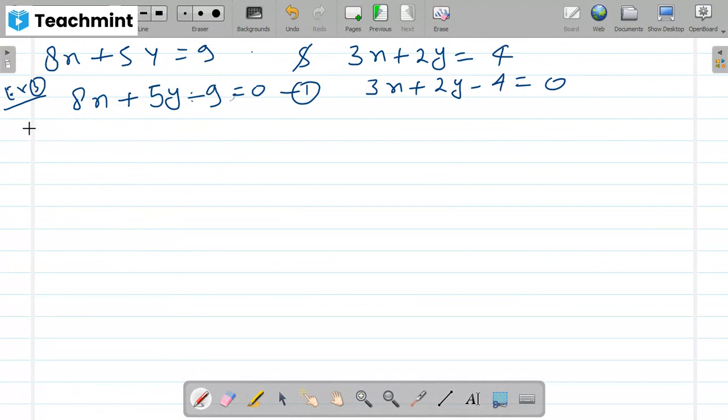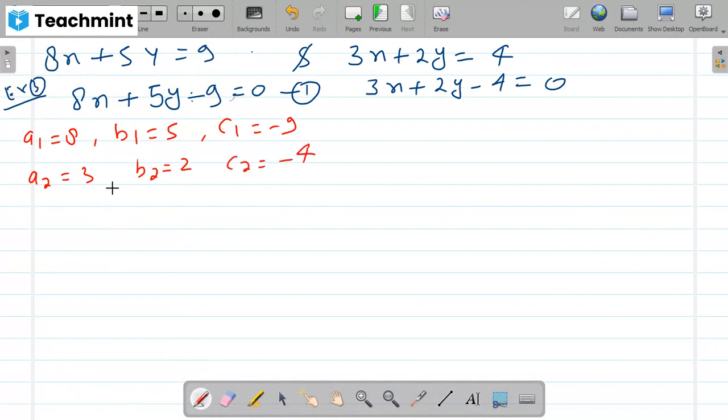And now compare the value of a1 equal 8, b1 equal 5 and c1 equal minus 9, and a2 equal 3, b2 equal 2 and c2 equal minus 4.